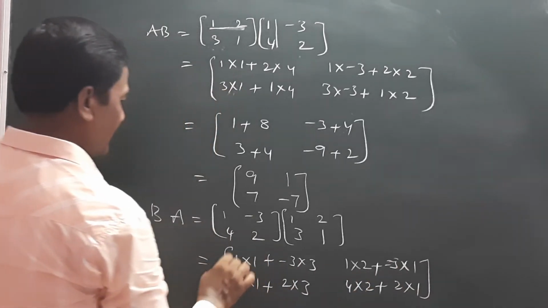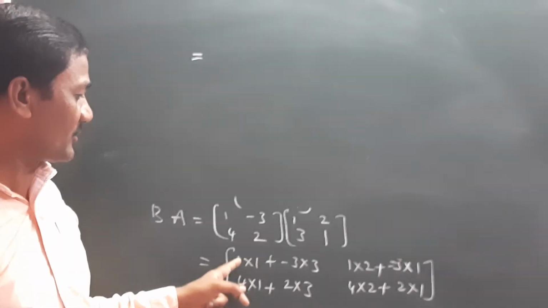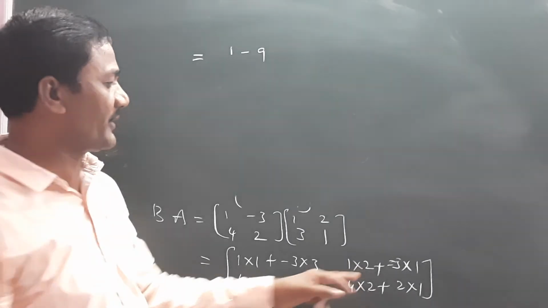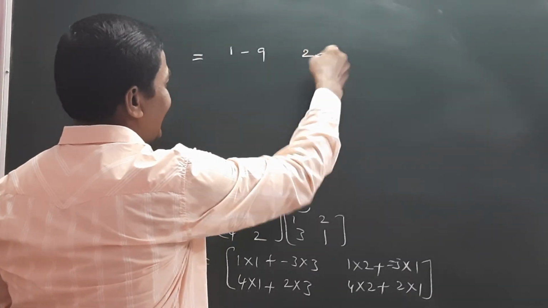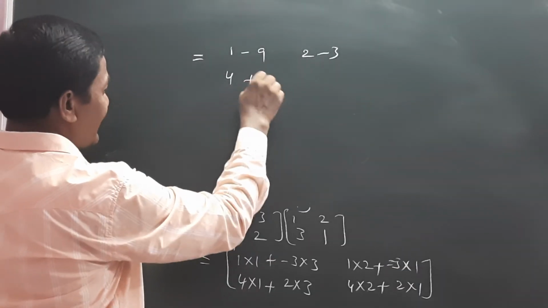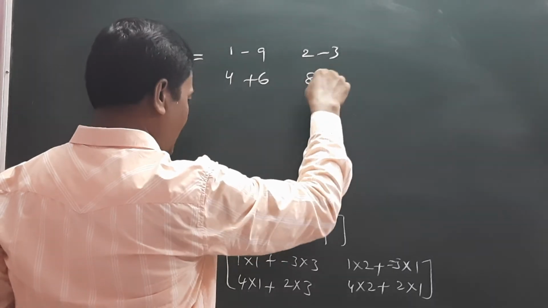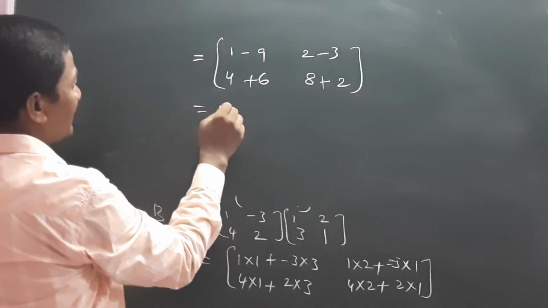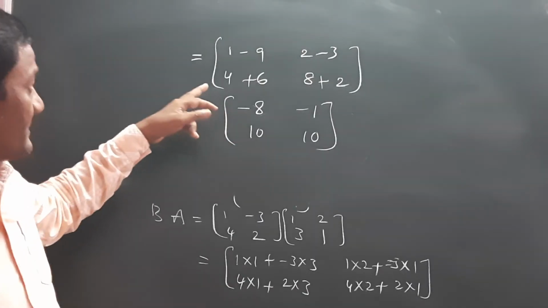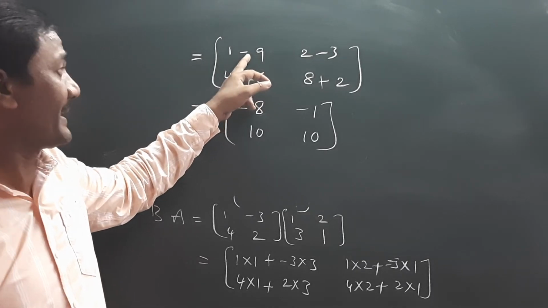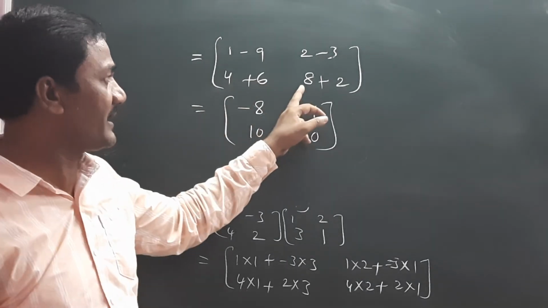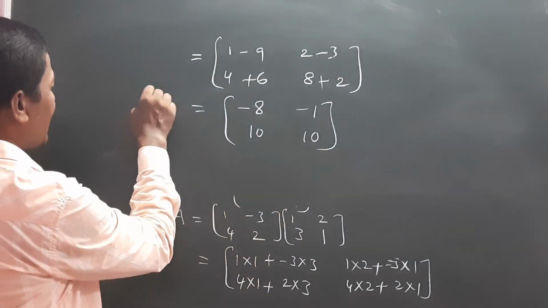This equals 1 minus 9, 2 minus 3, 4 plus 6, 8 plus 2. So 1 minus 9 is -8, 2 minus 3 is -1, 4 plus 6 is 10, 8 plus 2 is 10. So this is BA.